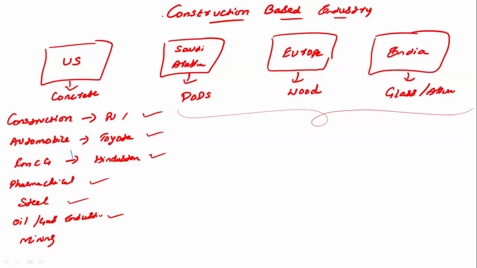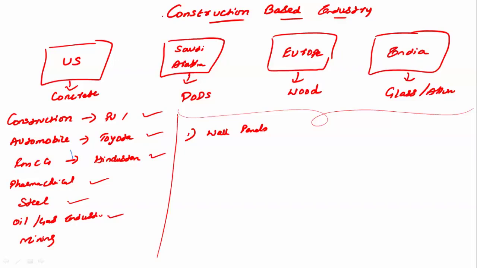So normally what the concrete factory does is manufacture the wall panels. This is the main business. When I say wall panels, you see walls in your home, right? So we build walls at the site. We mix the cement at the site, we bring the bricks, we keep them, and then we put cement between them and build a wall.